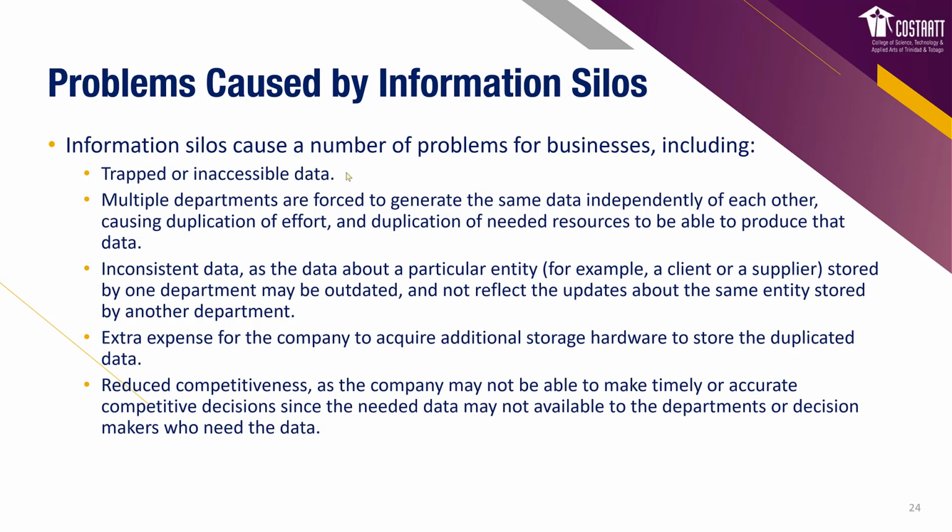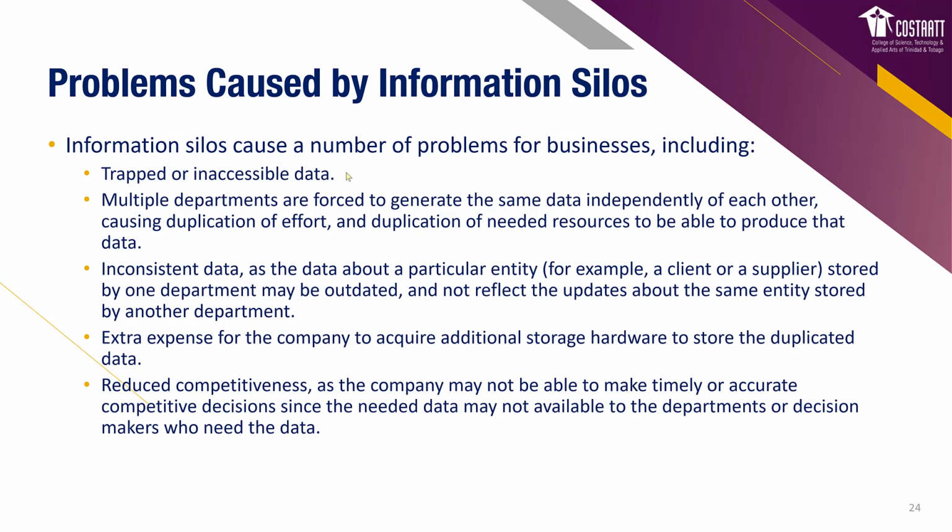And duplication of effort very often means duplication of resources, because you need to produce that data twice. So two separate departments are producing the same data separately and using equipment and other resources separately to produce that same data, simply because one department that produces it cannot share it with another department that needs it.